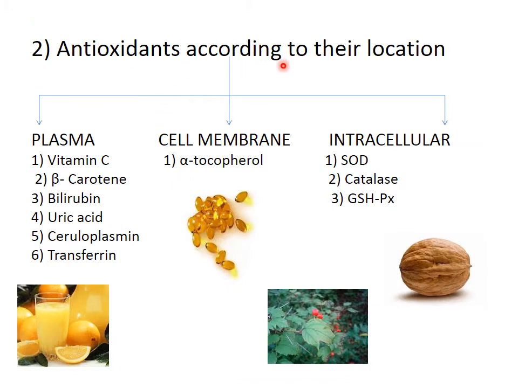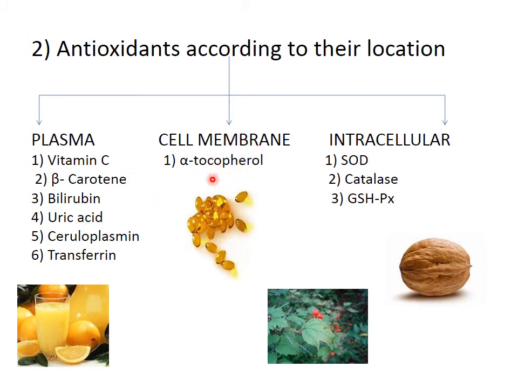Now, according to where they are present, antioxidants are divided into three groups: plasma antioxidants, cell membrane antioxidants, and intracellular antioxidants. In plasma, vitamin C, beta carotene, bilirubin, uric acid, ceruloplasmin and transferrin are all examples of plasma antioxidants.